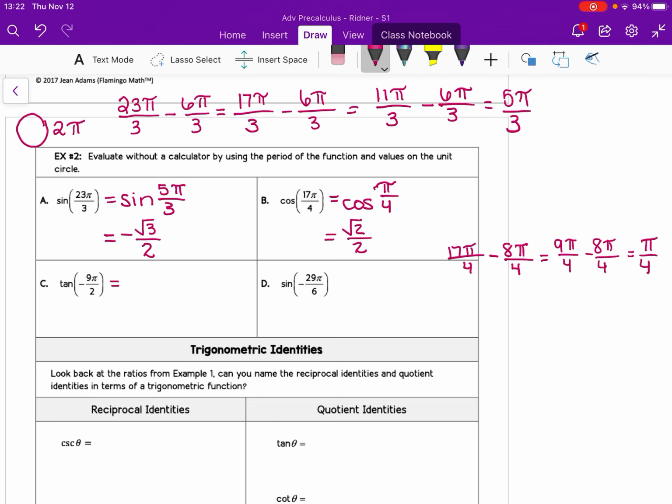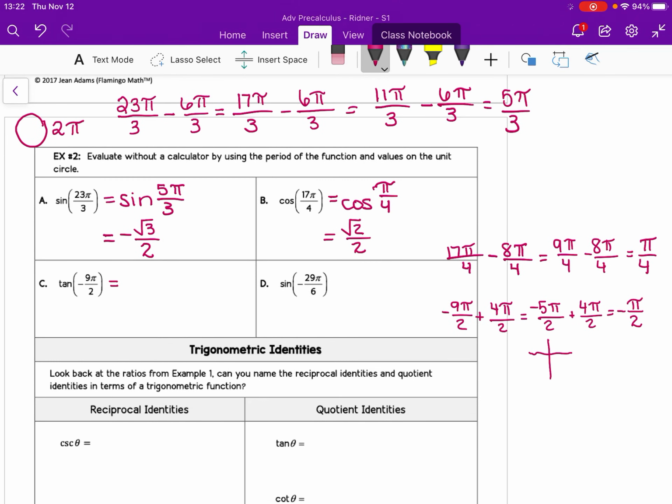What about tangent of negative 9 pi over 2? So negative 9 pi over 2. This time we're going to add 2 pi. I can actually stop there because I know that negative pi over 2 is just a negative 90-degree angle.